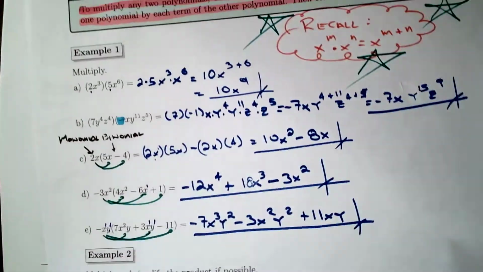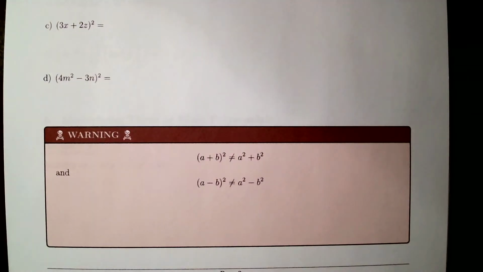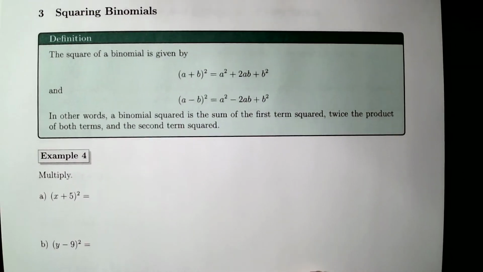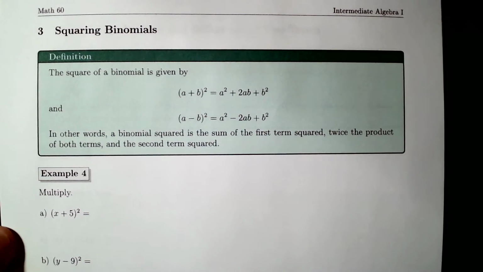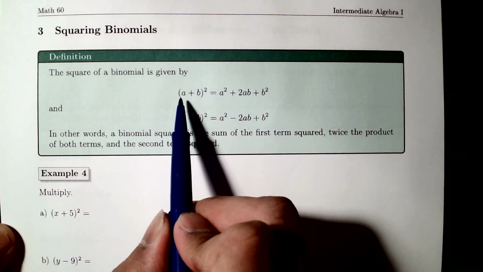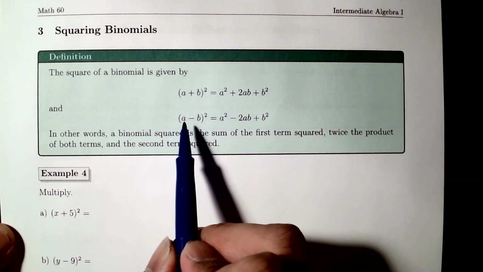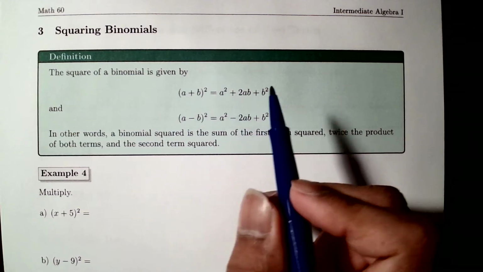Alright, so now moving on. Go to page 3, squaring binomials. Very often you're going to run into situations in which we're going to have some quantity a plus b squared, or some quantity a minus b squared. So in this case, we have these formulas to expand those binomials.